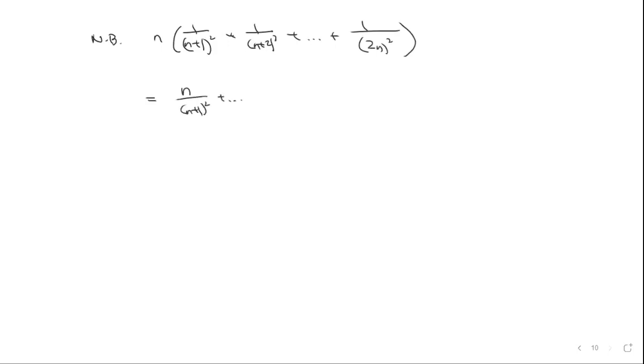We would essentially explain that, note that n times 1 over n plus 1 all squared plus 1 over n plus 2 all squared plus dot dot dot plus 1 over 2n all squared is n over n plus 1 all squared plus dot dot dot plus 1 over n plus n all squared, as we discussed, which is the sum of n over n plus k all squared, where k is from 1 to n, which is the sum of the rectangles by part 2.